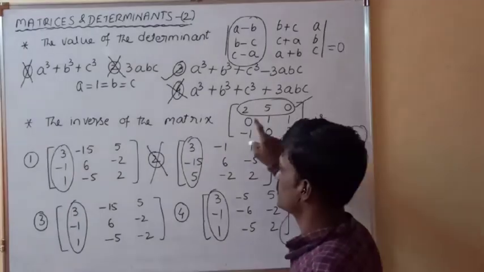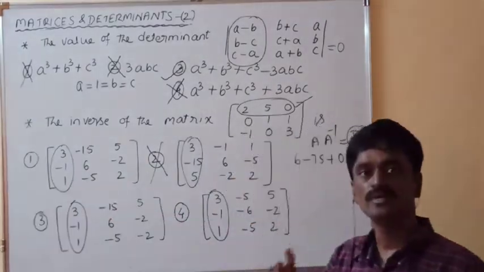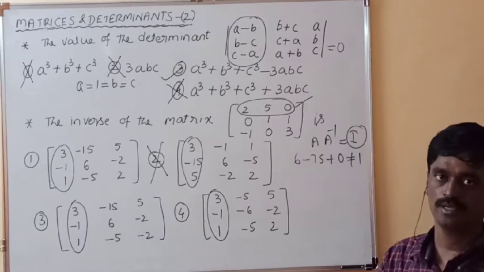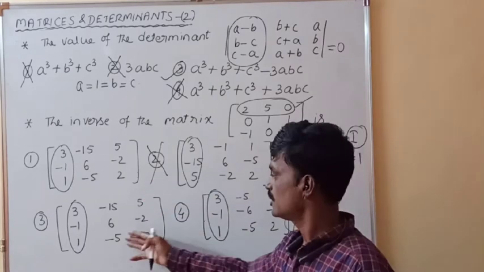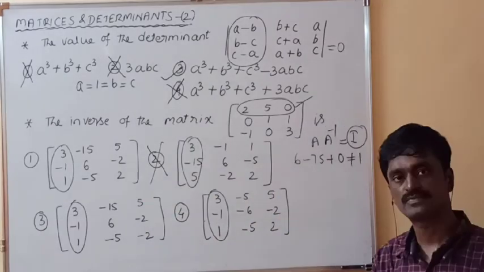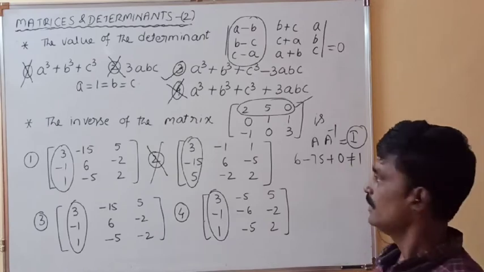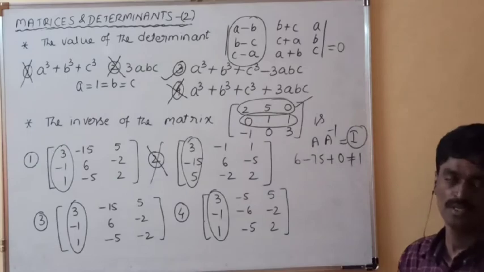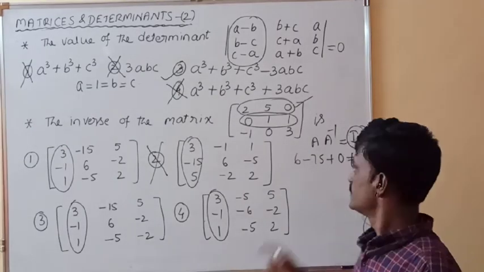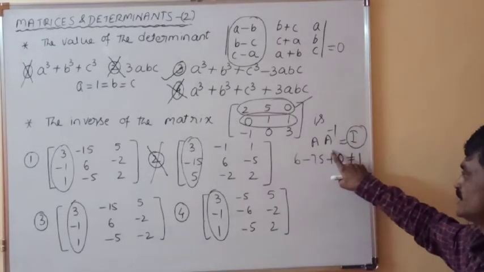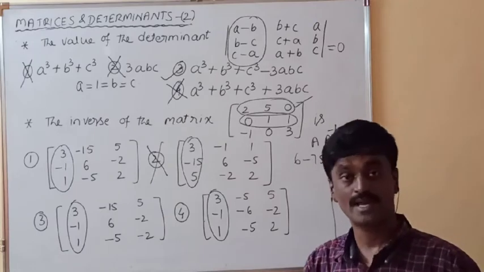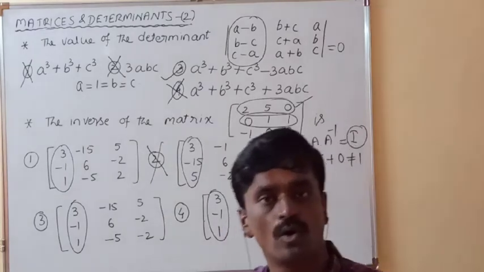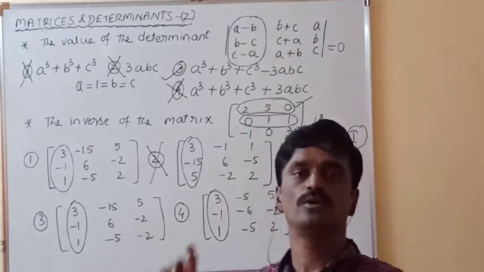And don't multiply the first row into this first column, obviously we will get 1 only, because in the first option, third option, fourth option, in the remaining 3 options the first column is the same. Then you go for the second row into the second column. The second row of A into the second column of A inverse is equal to what?